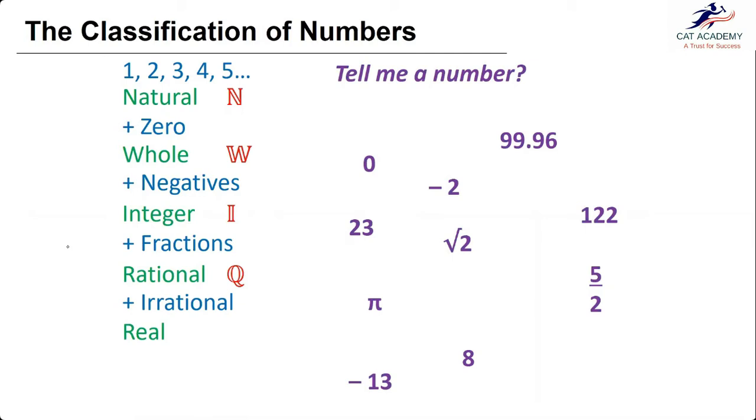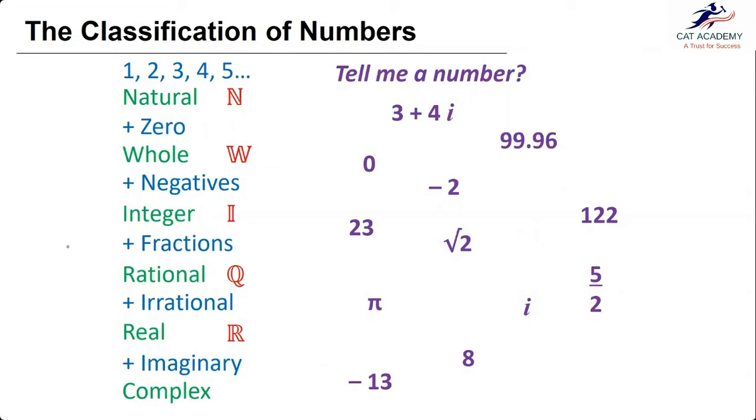So including rational and irrational together, we get real numbers, right? And when we include imaginary numbers with real numbers, I get complex numbers. So that is my whole universe of numbers, right?